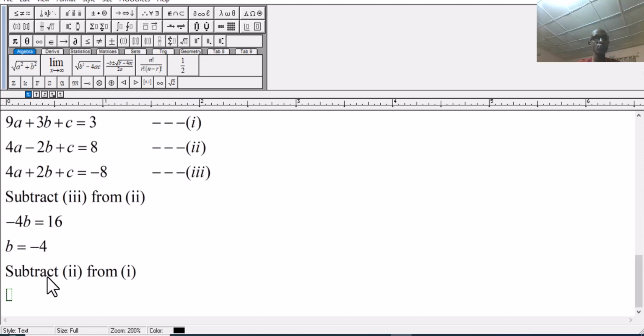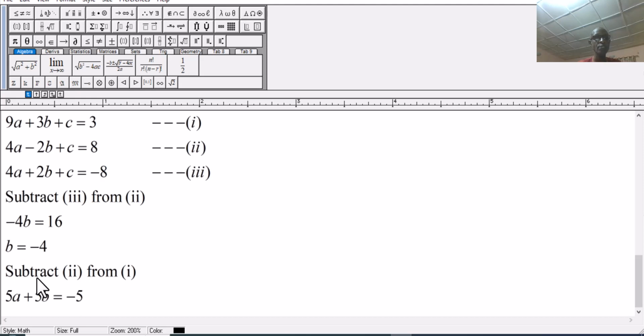So 9 minus 4 will give us 5a. 3 minus that will be 5b, plus 5b, that will go equals to minus 5. So we have that. So we know the value for our b. Our b is minus 4.